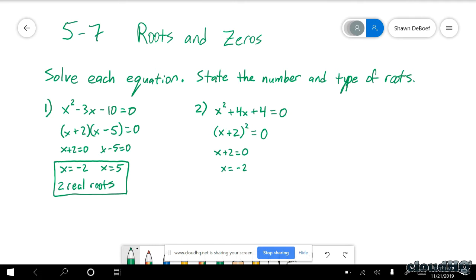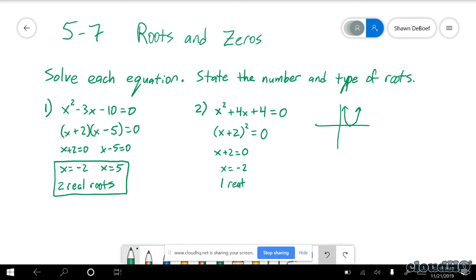Yeah, the vertex was the x-intercept, and so it only touched the x-axis once, not twice. So your graph did not pass through the axis. It touched it, and I like to use the word bounce. It bounced back off. Didn't actually cross through. So we only had one x-intercept. So our answer here about the number and type, there was only one real root.